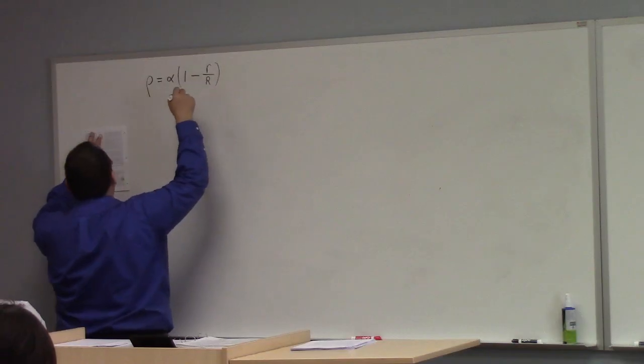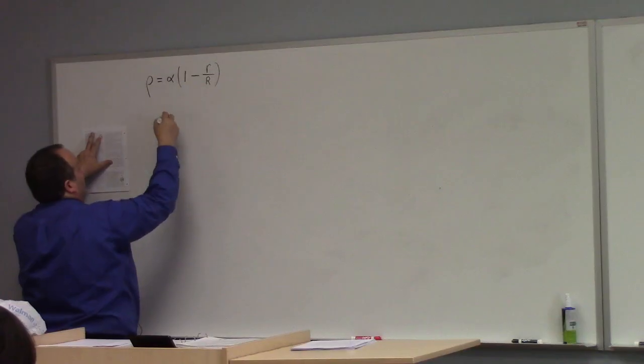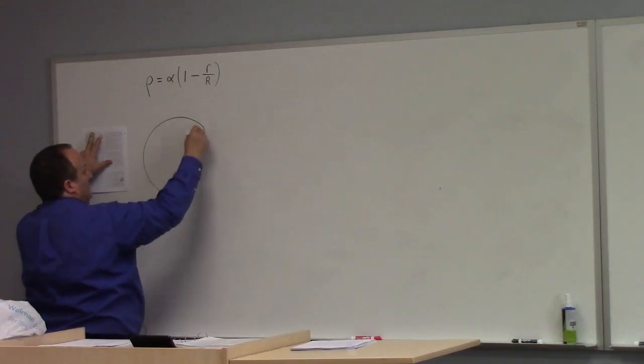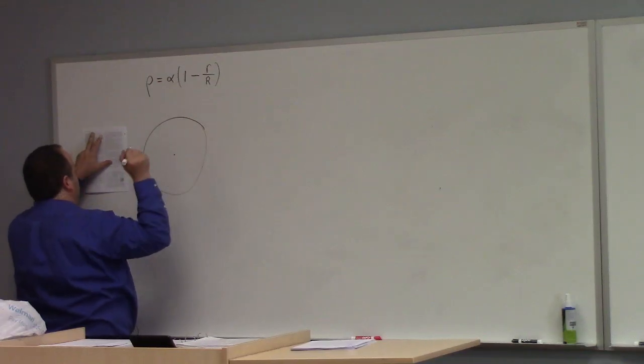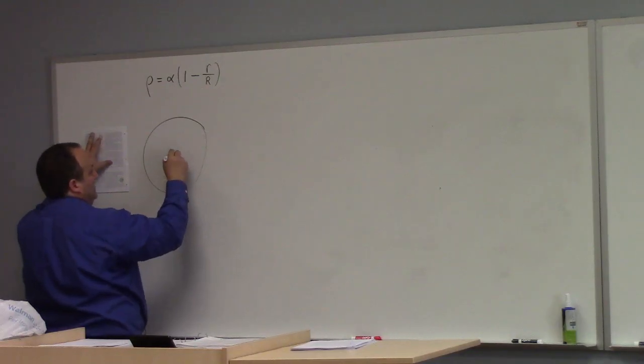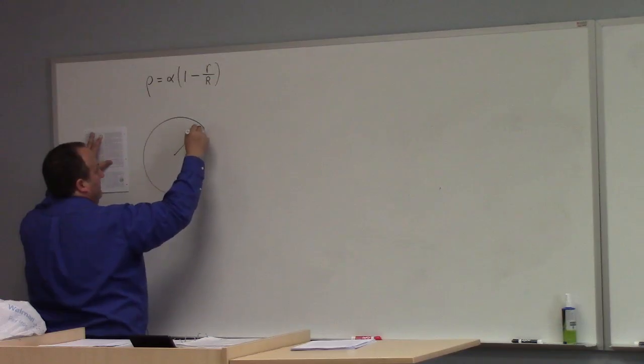I think the radius of the cylinder here is R, yeah. So we've got a cylinder. I'll draw a picture like this. Here's the cylinder dead on, and this distance is r.